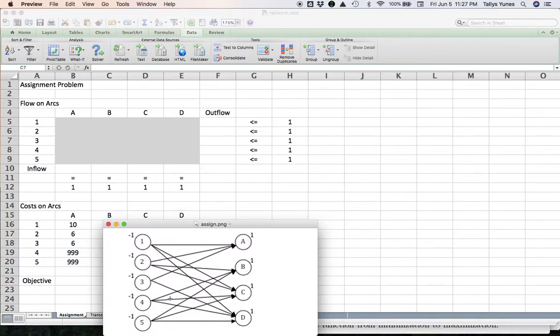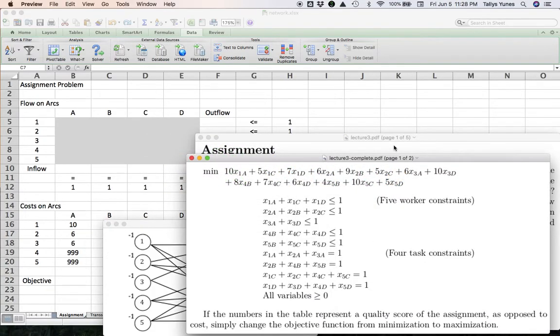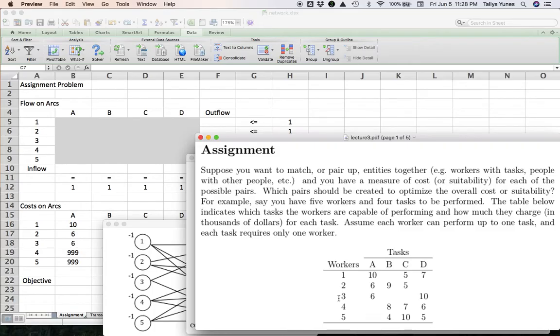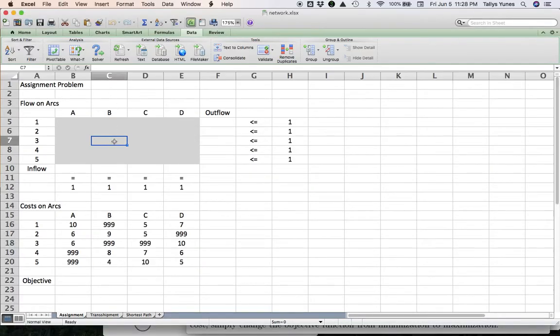If we go here to the picture, do we have X3B? Well, you'll see that we don't, right? And if you go back to the table, indeed, no, worker 3 can't do task B. So the math is not going to have an X3B, but I am putting an X3B here in the sheet.